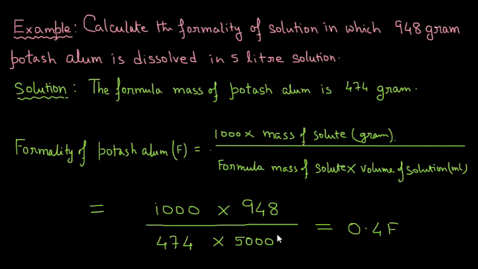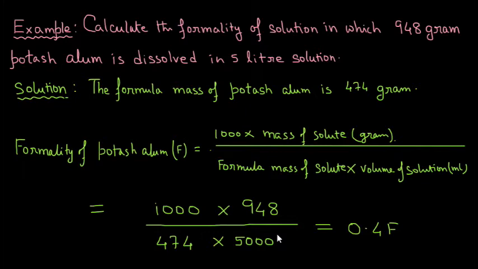Now let us see an example. Numerical: calculate the formality of a solution in which 948 gram of potash alum is dissolved in 5 liter solution. So formula mass of potash alum is 474 gram. You have to calculate it from the molecular formula of potash alum.